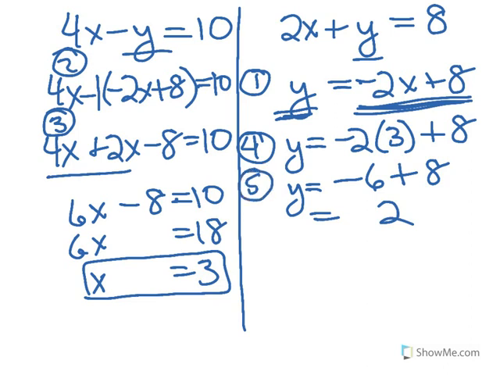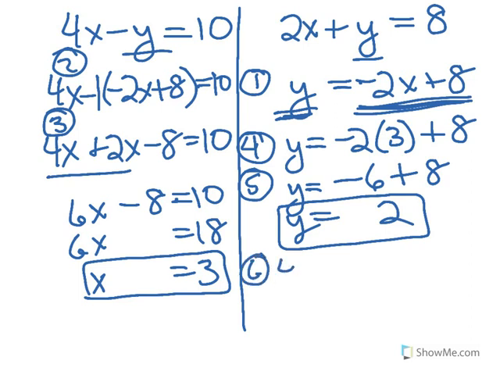So now we have a possible solution, 3, 2. The sixth and final step is to check that. Well, putting them in, 4 times 3 minus 2 equals 10. Yes, it does. 4 times 3 is 12. 12 minus 2 is 10. That works.